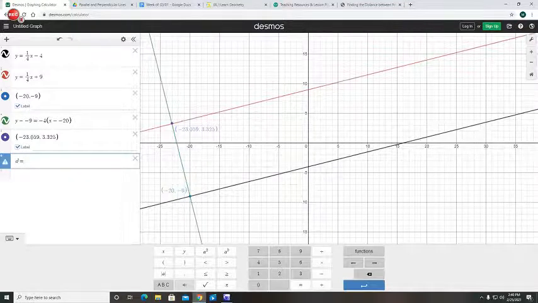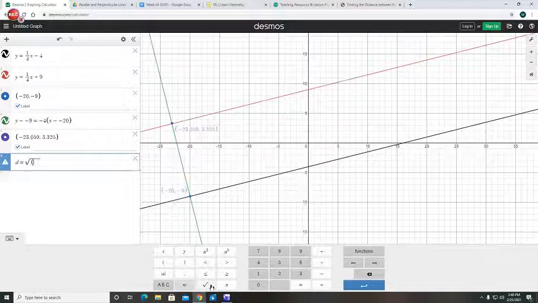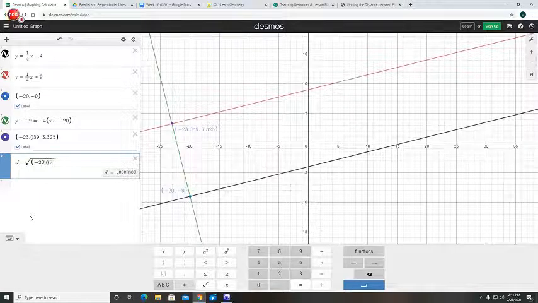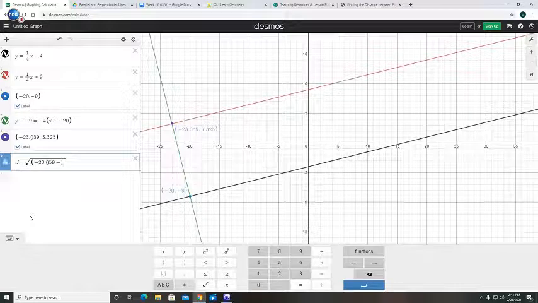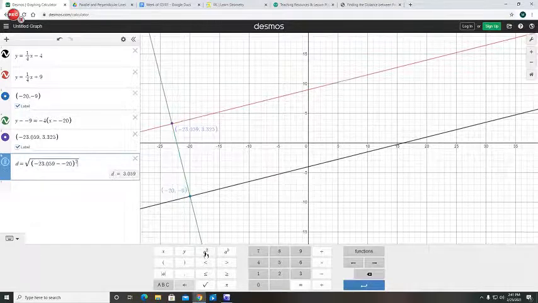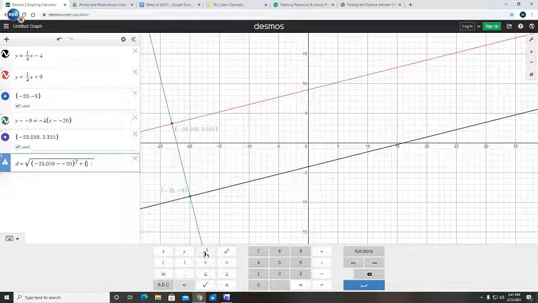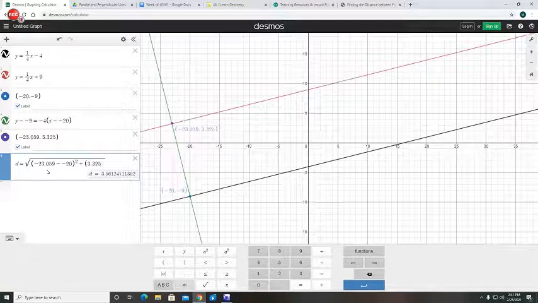So D equals the square root of x2 minus x1, so -23.059 minus -20, squared, plus y2 minus y1, so 3.325 minus -9, and then squared. So these two lines are basically 12.7 units apart from each other.